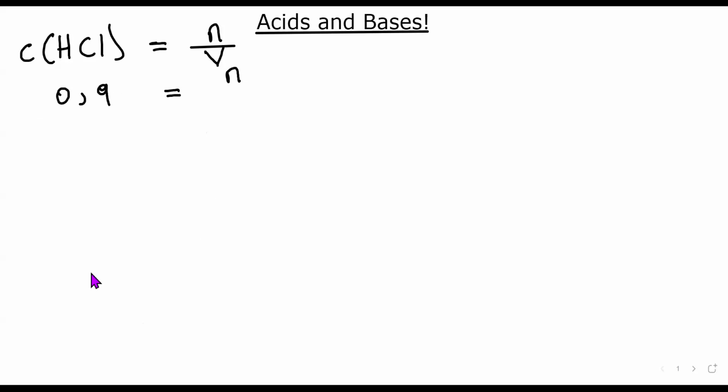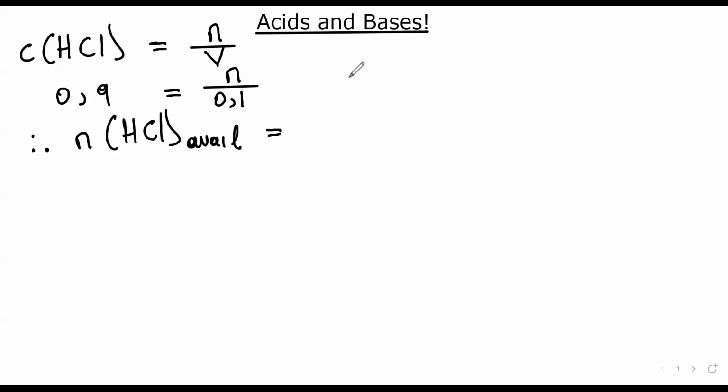We need to find the moles, and we know that the volume is given to us in cubic centimeters, and we have to convert it to cubic decimeters by dividing by 1,000. So we get 0.1 decimeter cubed. Now if we cross multiply, we find that the number of moles of hydrochloric acid that are available at the start of the reaction will simply be 0.09 moles. Okay, fine.